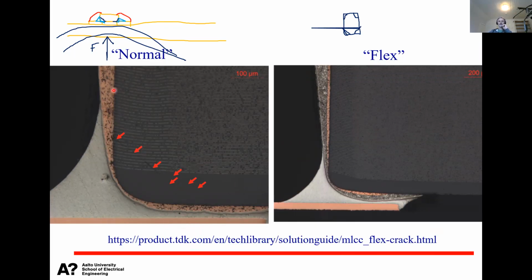One option where you can decrease the probability of this kind of failure is to use, instead of a so-called normal capacitor, a flex capacitor. Both of these components are coming from Murata again, but this has a flex structure.